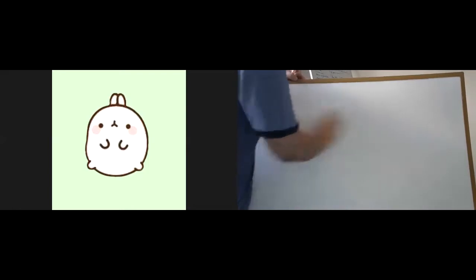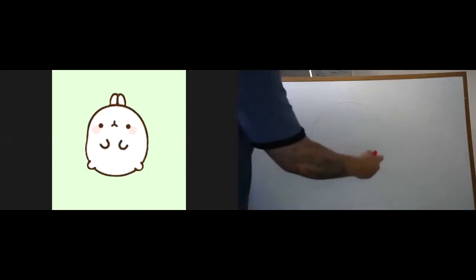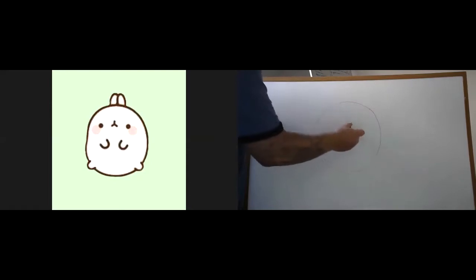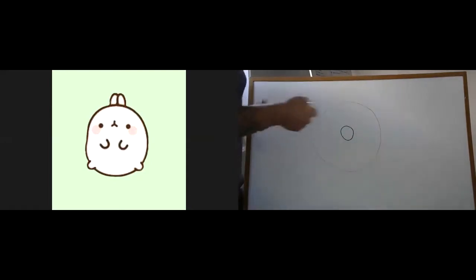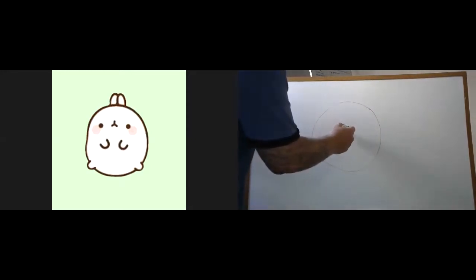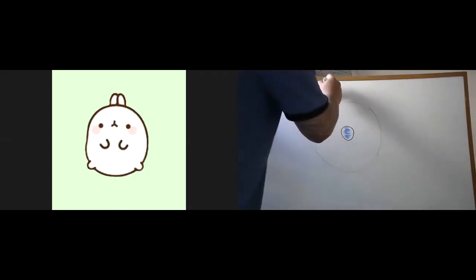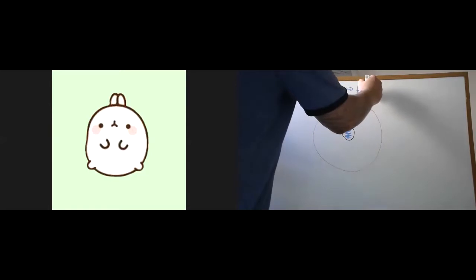So inside the cell, we have the nucleus. Looks like a donut, I know. And inside here we have all of the DNA. So the DNA tells the cell what to do.